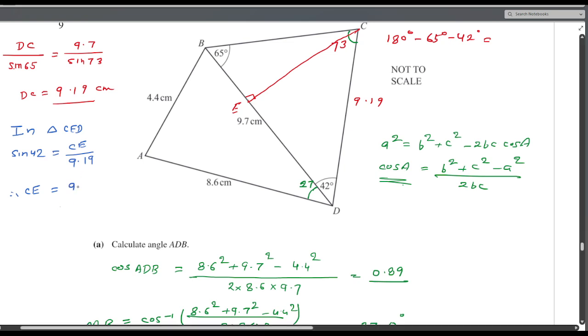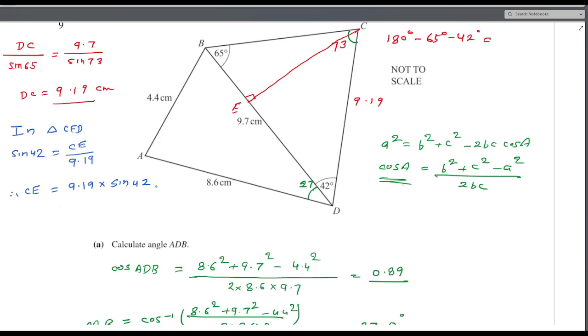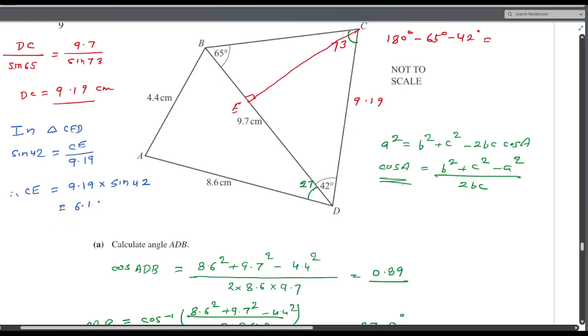It is 9.19 into sine 42. So the result is 6.15.